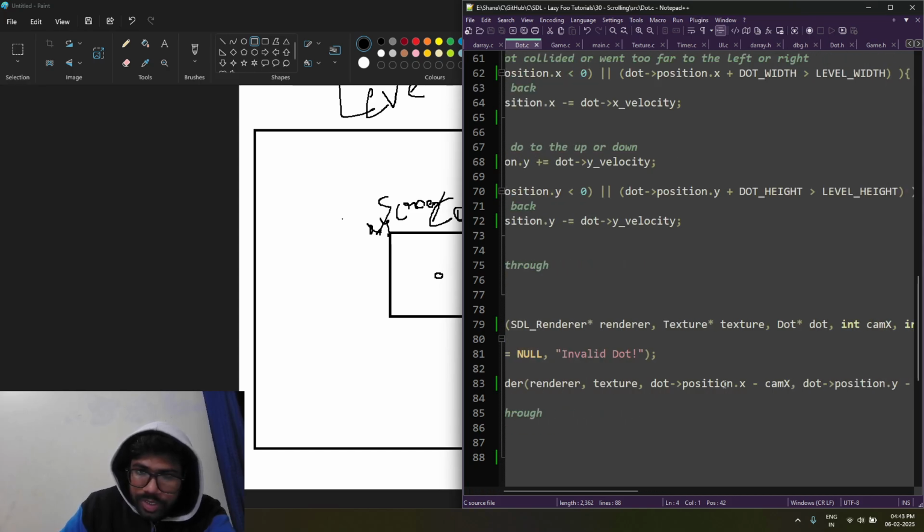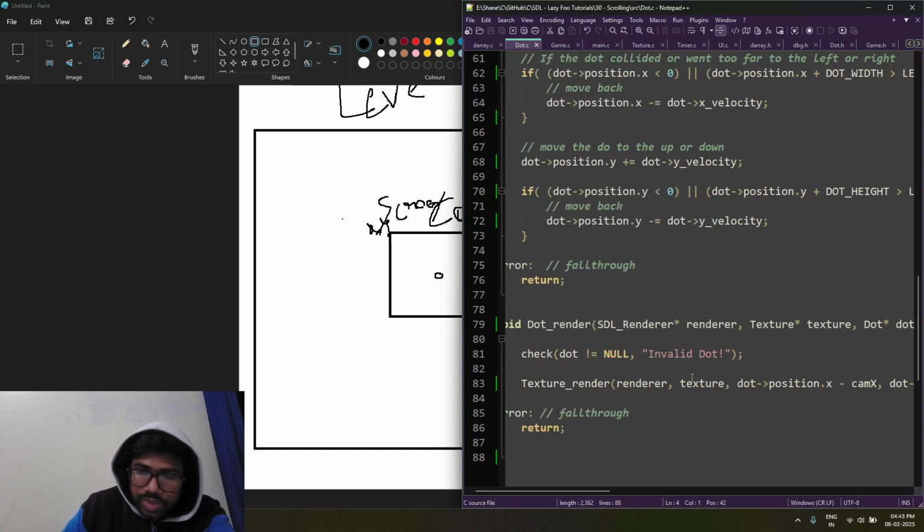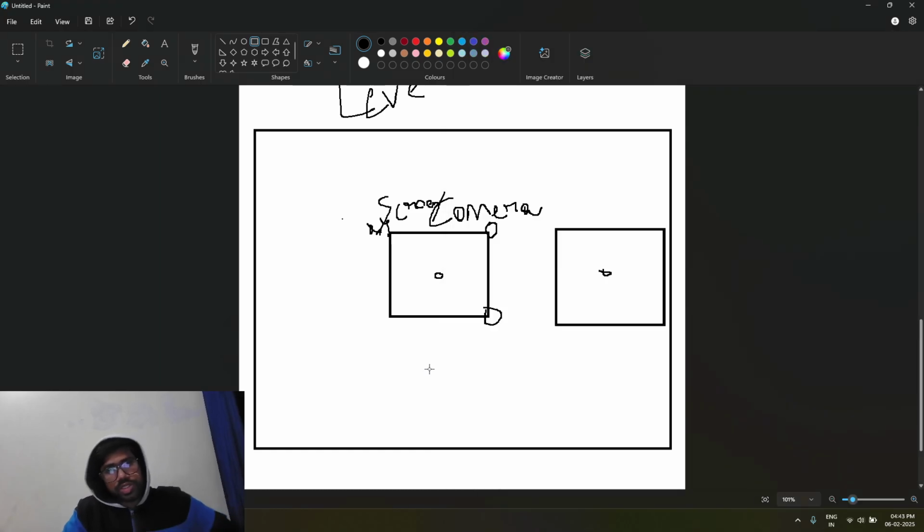Dot position dot x minus cam x, and dot position dot y minus cam y, for the render texture's texture position.